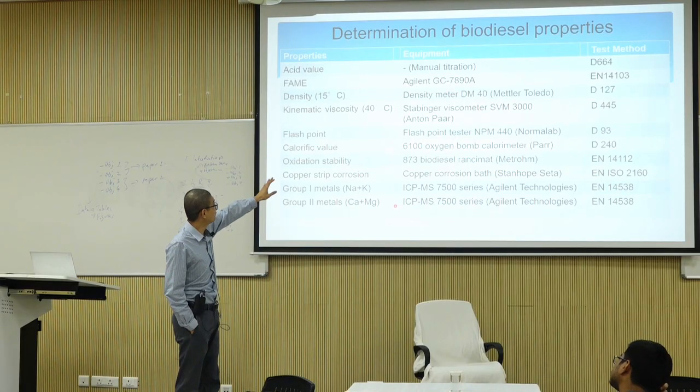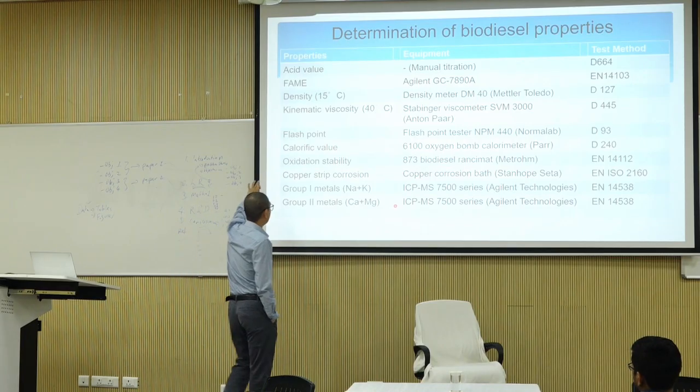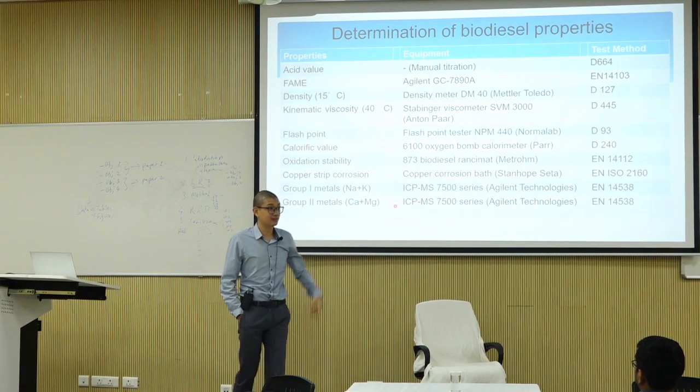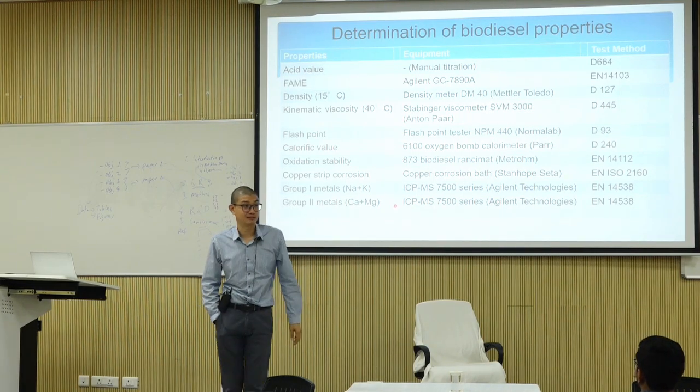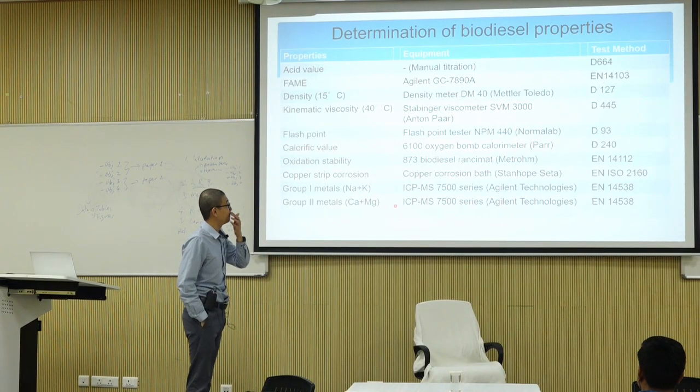The crucial properties for biodiesel are what? The acid value, the ester content, density, viscosity. Then sometimes oxidation stability, if the oxidation stability is too low. The others are just supporting parameters. But the acid value and viscosity are very important.